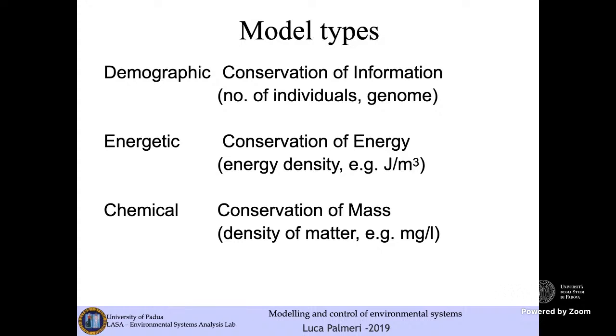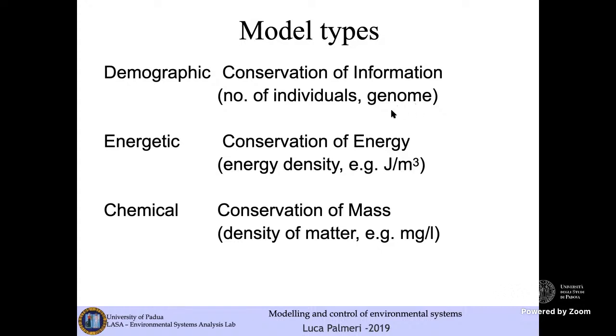Again, we may find another type of description that is an energetic description. In this case, we may employ the principle of conservation of energy. In this case, the state variable may be energy density, joules per cubic meter, while in the case of demographic models, the state variable may be the number of individuals or the informational content of the genome carried by these individuals.